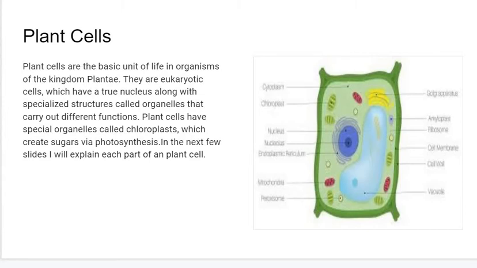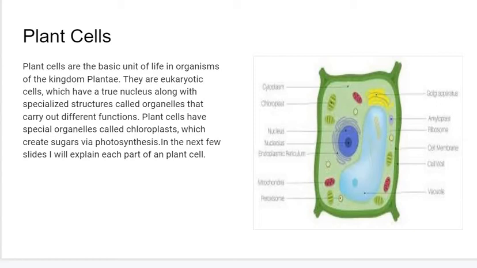So plant cells. You can see a picture of plant cells on the right. So yeah, plant cells are the basic unit of life in organisms of the kingdom Plantae. They're eukaryotic cells which have a true nucleus along with specialized structures called organelles that carry out different functions, as I already said.